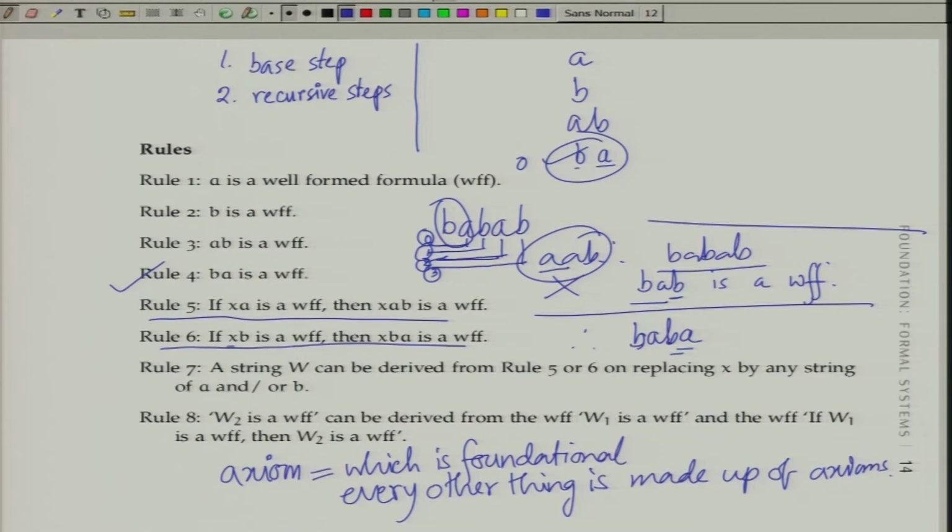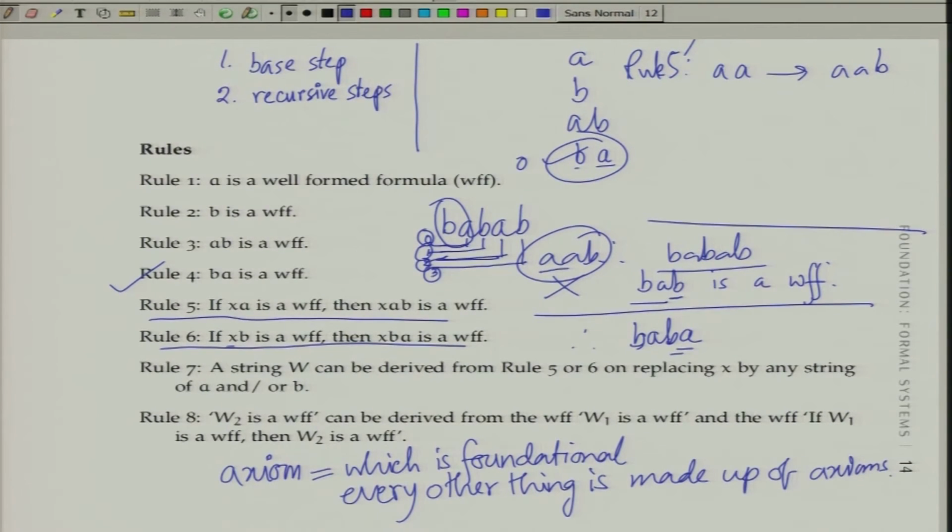I can very easily replace X by A to make AA. What rule do I use? I use rule 5, in short form, rule 5 prime. I'm not writing the entire rule. I can write: if AA is a WFF, so is AAB.